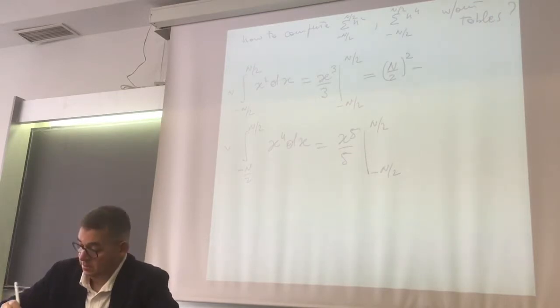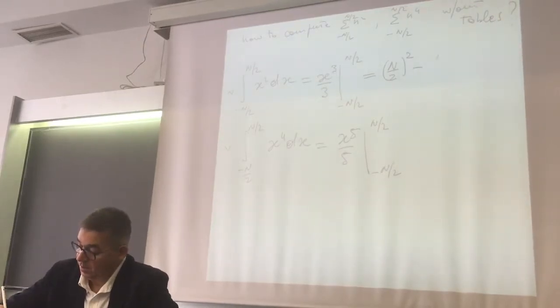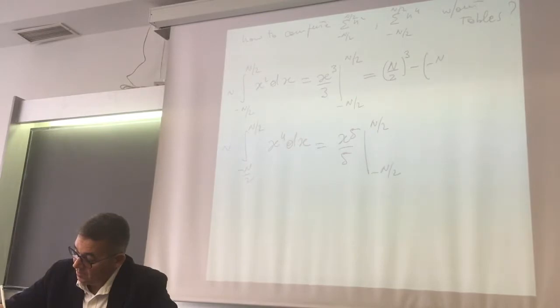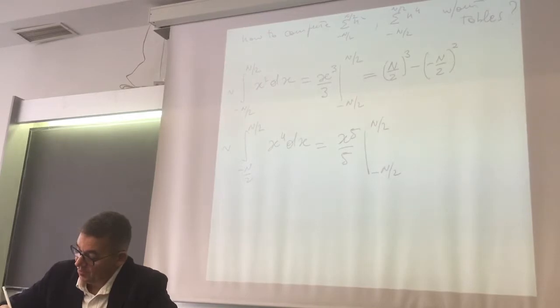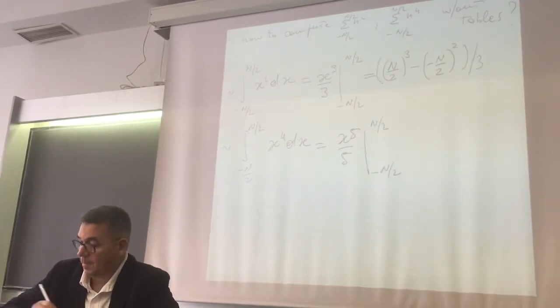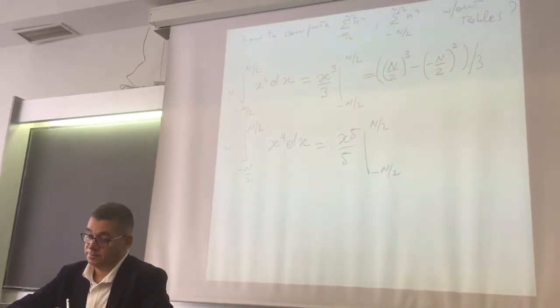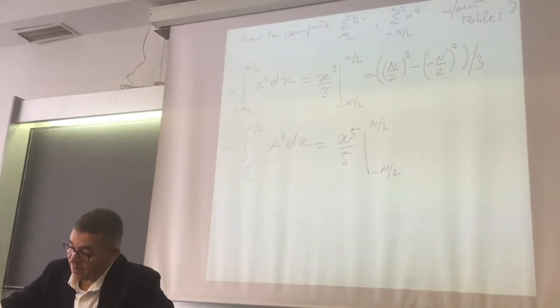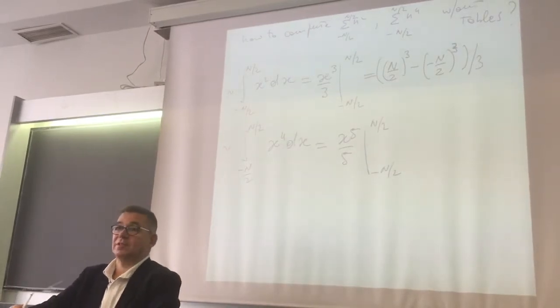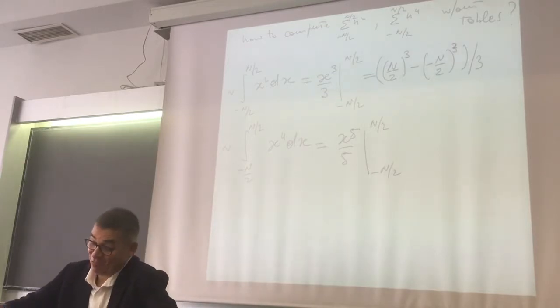minus, n cubic, right? It's not square. Minus n minus n cubic. Everything divided by 3. It's again cubic. I don't want to use the cubic, that's always against my religion, cubic.